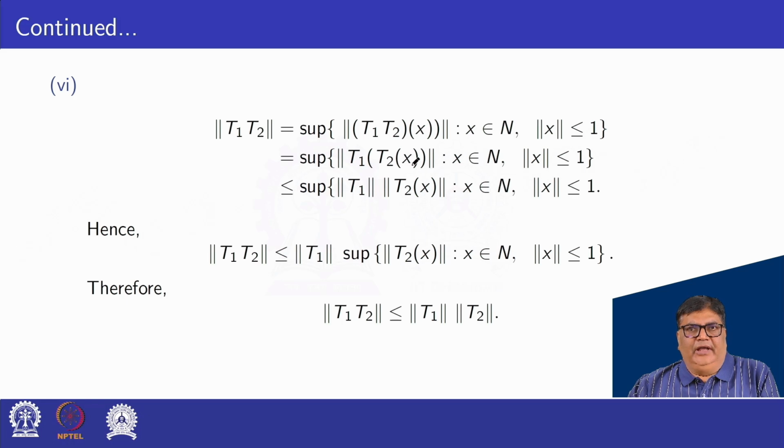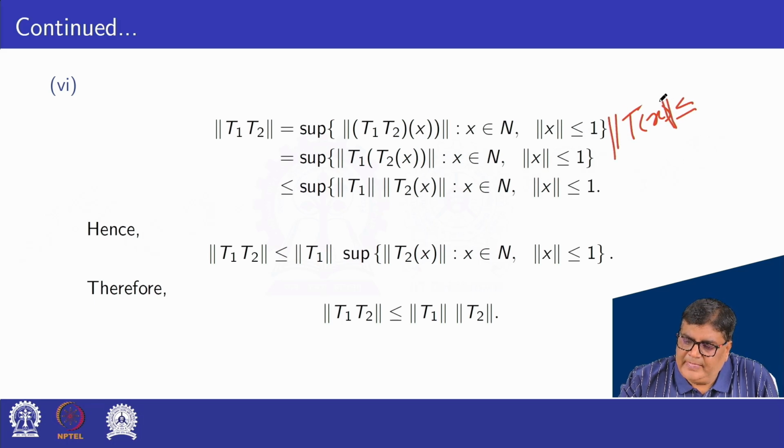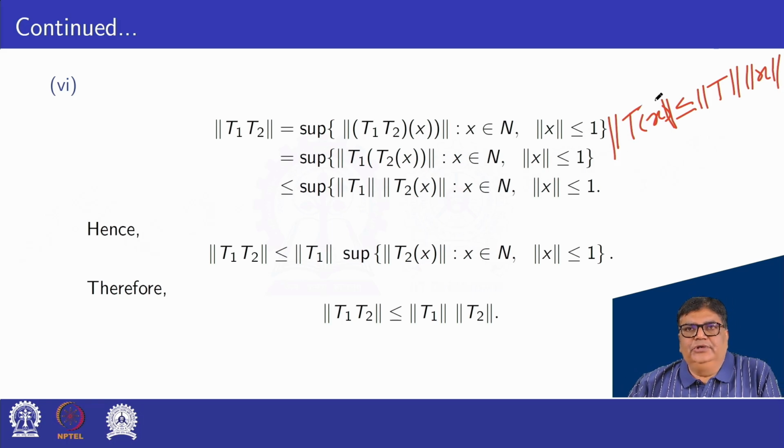So T1 of T2x. We know the property that if T is a bounded linear transformation, then norm of Tx is less or equal to norm T times norm x. Using this property, we can write this is less or equal to norm of T1 into norm of T2x.